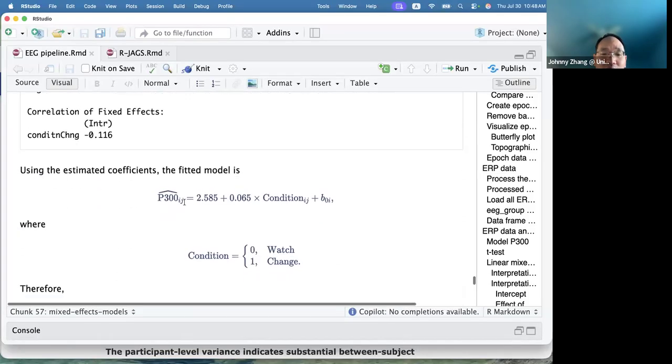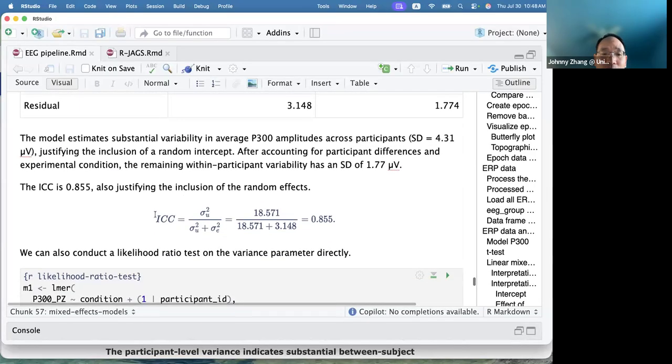We can further look at this by calculating the ICC, the intra-class correlation. The ICC is 0.855. It's actually very large. So this again suggests we should include the individual difference, and we should use a mixed effect model here.